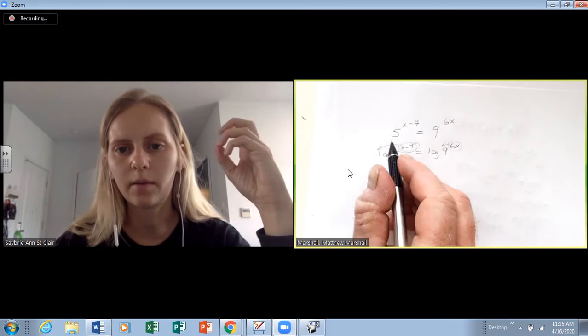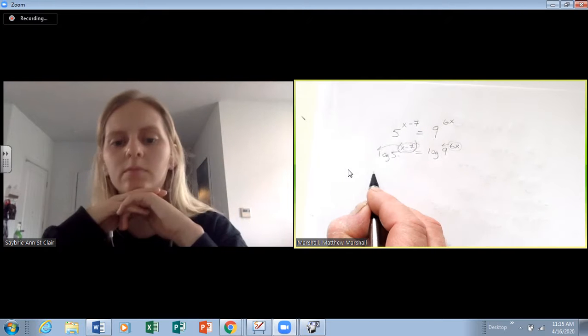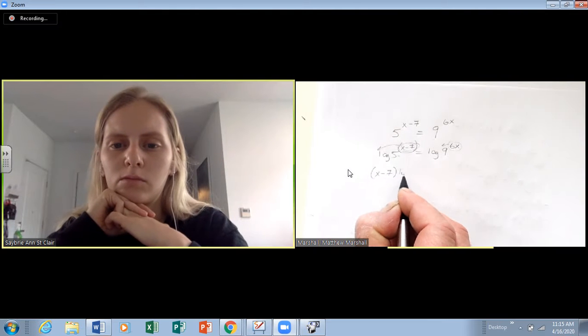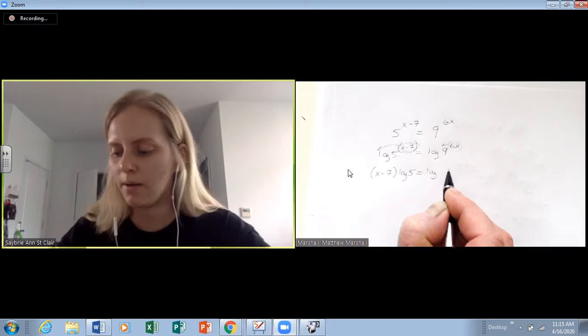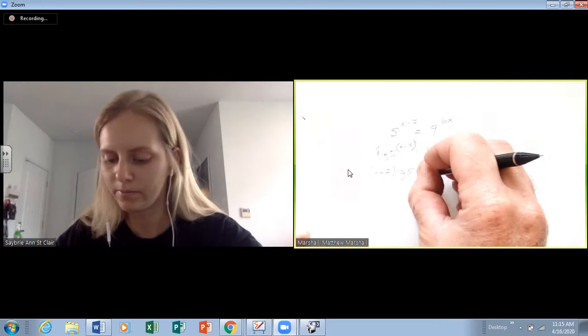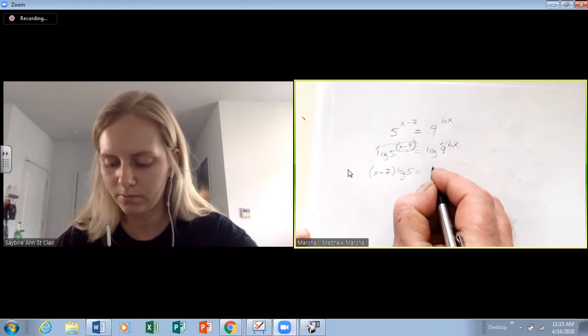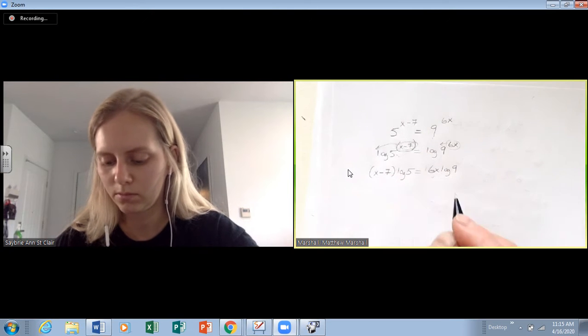So this next step is taking this x minus 7 piece and writing it in front of the log 5. And then on the other side, taking that 6x and writing it in front of the log 9. What do you think about that?